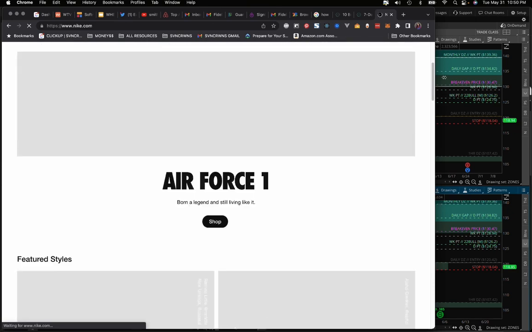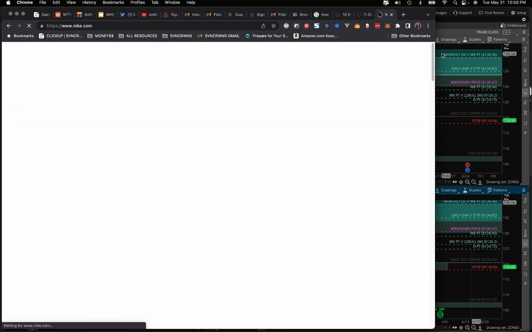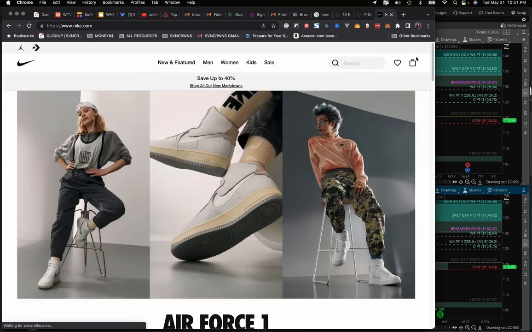Oh yeah, we want to see what's going on. Anything hot? What happened? All right, so we have the high top Air Forces with this cool thing happening with the check mark. I like that. These might sell pretty well. Could go with a lot of fits in the summertime.